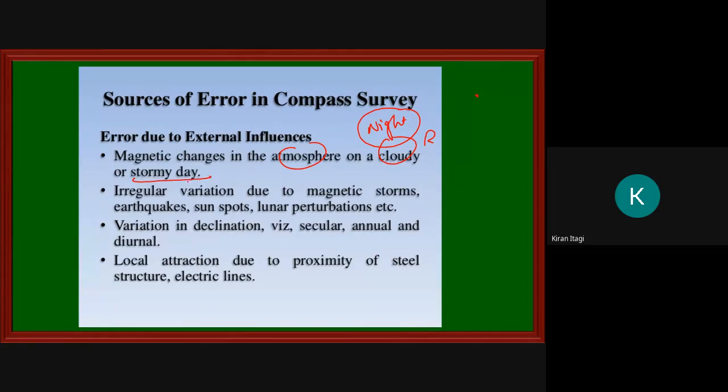Stormy day, I don't think so. Magnetic storm we won't see. Earthquake, during an earthquake we won't take any of these readings. Solar, lunar, nothing. So for external influences, you can say during night time we can't take the reading, that is due to the cloudy effect, during raining time, and some local attractions. These are some external influences.